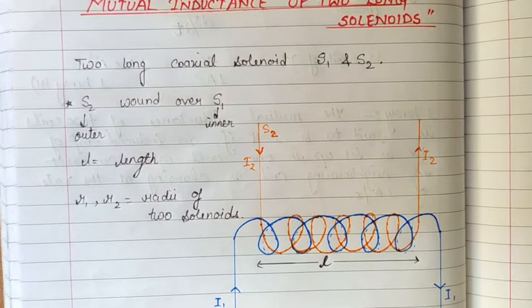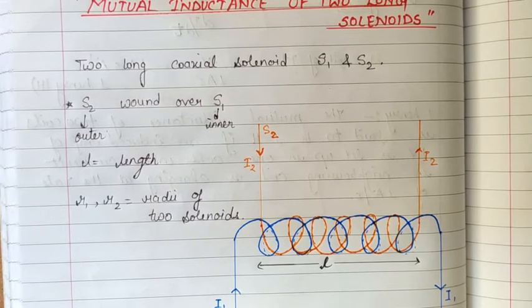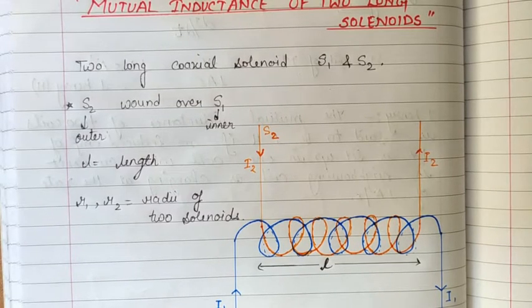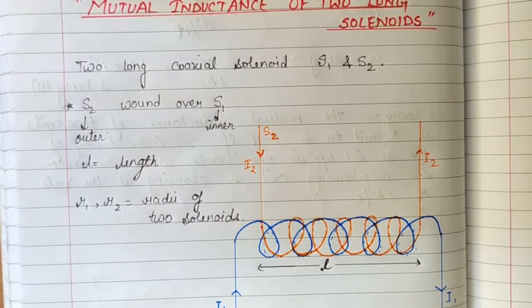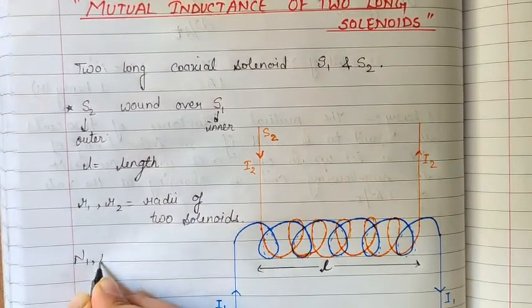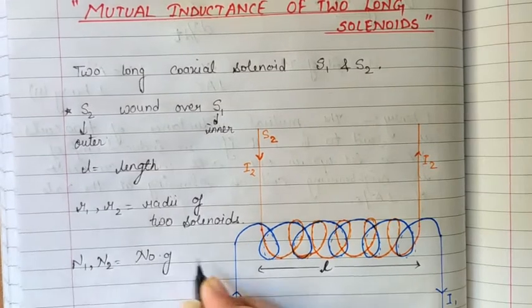So if we have to find the area, it will be pi R1 square in case of S1, and the area of cross section for the outer one, that is S2, is pi R2 square. And we are also considering that the number of turns in the two solenoids are N1 and N2.